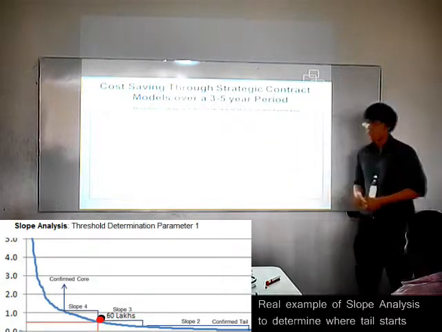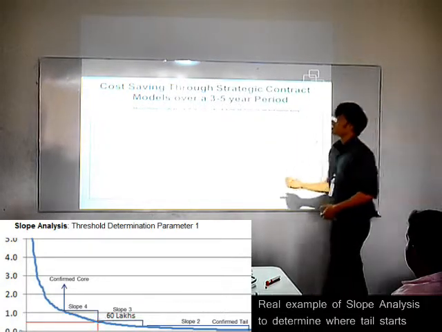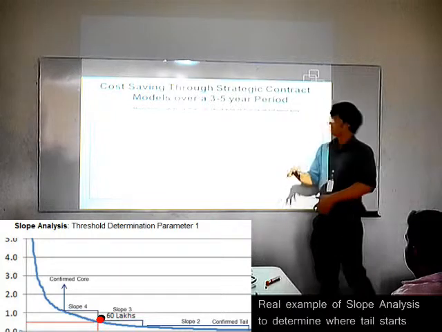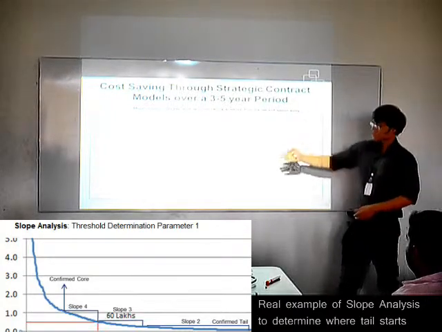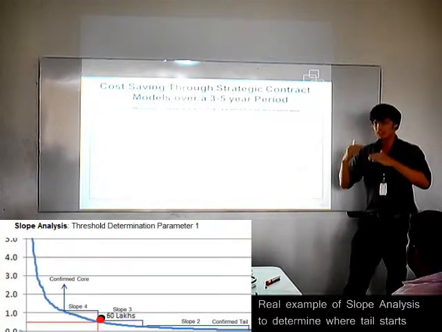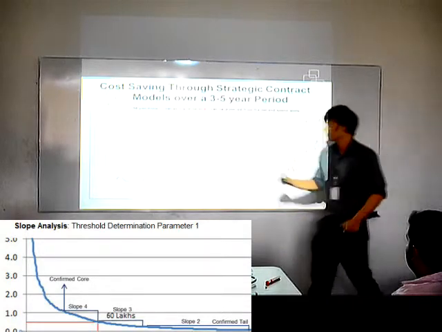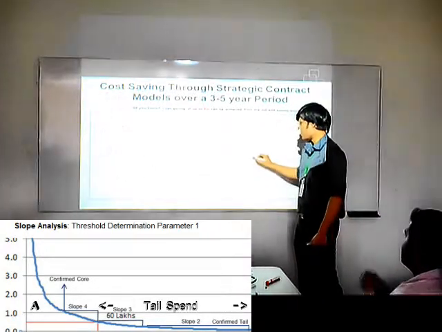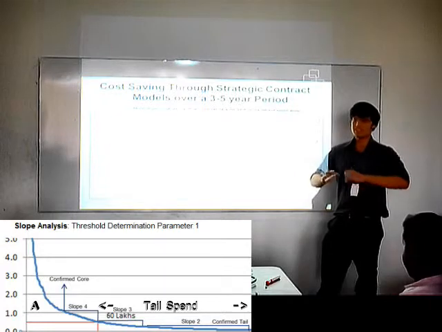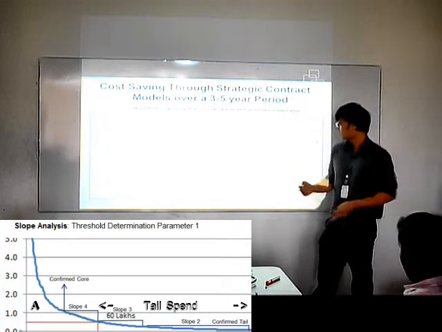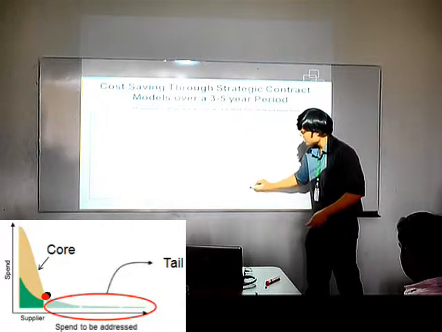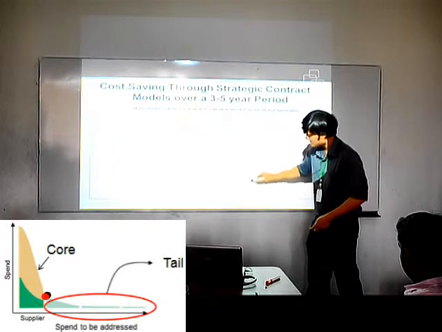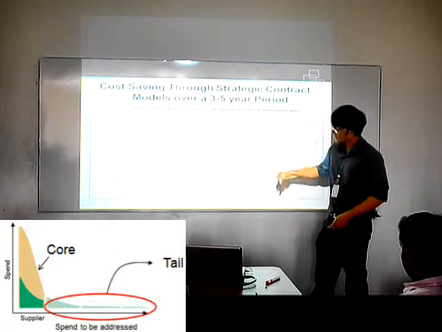But there are two things we need to keep in mind here. How mature is your client in terms of procurement? Are they in the nascent stage? Because when you decide the tail spend, you're basically deciding a number below which you're going to try to consolidate your spend. So let's assume that you have A spend, which is core and critical, which has a lot of contracts with core suppliers, and you're trying to identify a region called tail spend because you want to address this segment and you want to make them consolidated eventually.